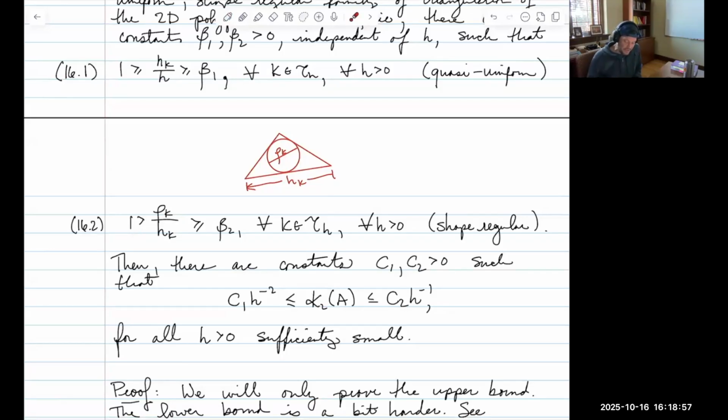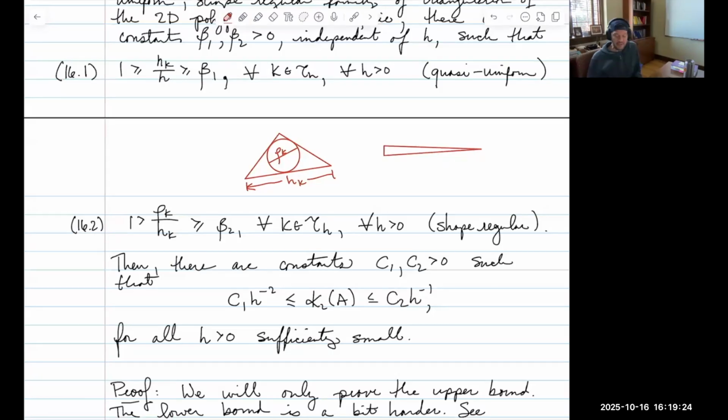But if it doesn't deteriorate as you make more and more refinements of the mesh, then we say that mesh is shape regular. So what shape regularity means is the triangles don't become needle-like. In other words, we don't ever get triangles which look like this.